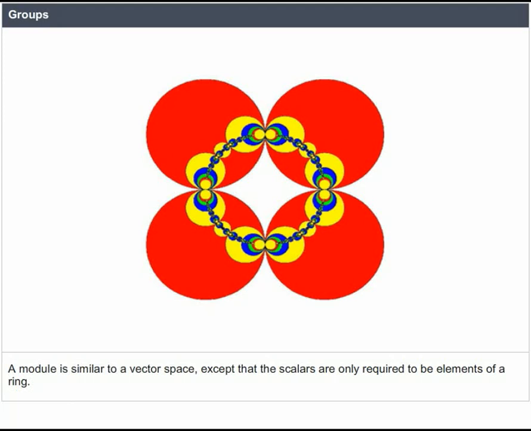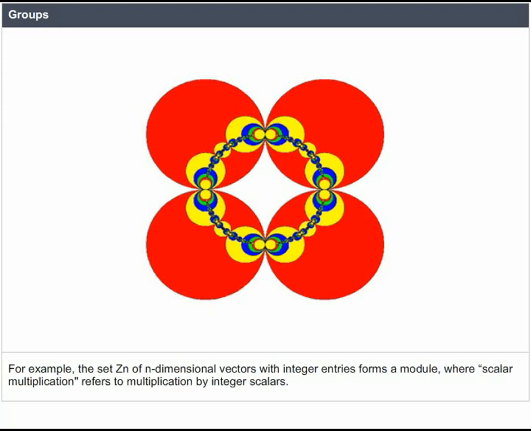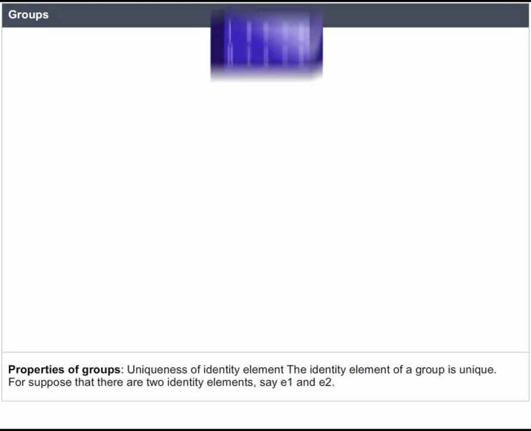A module is similar to a vector space except that the scalars are only required to be elements of a ring. For example, the set Z^n of n-dimensional vectors with integer entries forms a module, where scalar multiplication refers to multiplication by integer scalars.